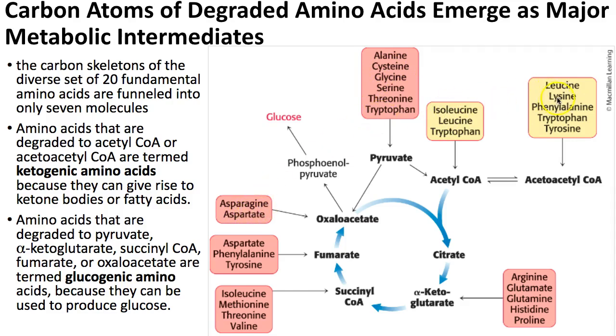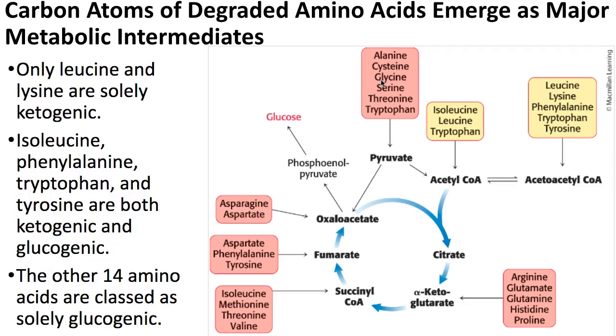What it's really trying to say is these amino acids are called ketogenic amino acids because they can give rise to ketone bodies or fatty acids. And the ones in red are called glucogenic amino acids, because they can be used to produce glucose.